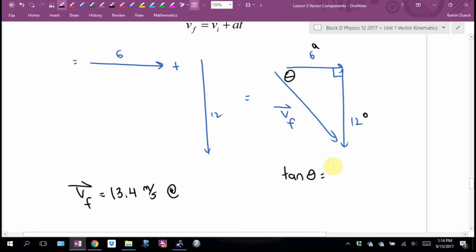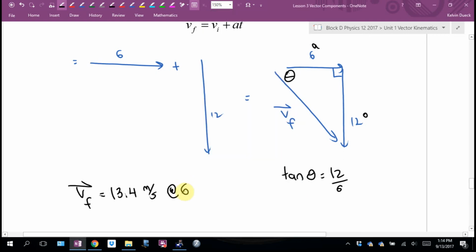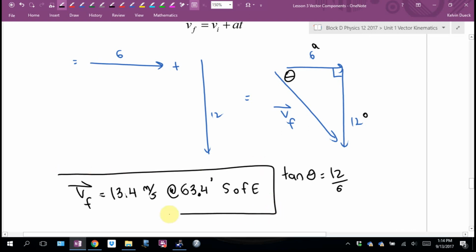Tan theta is going to be .4. North of south, east of west, what of what? South of east. Which makes sense also. If you're going east initially and you accelerate south, you should end up going south of east. I'm good with that too. That makes intuitive sense to me.